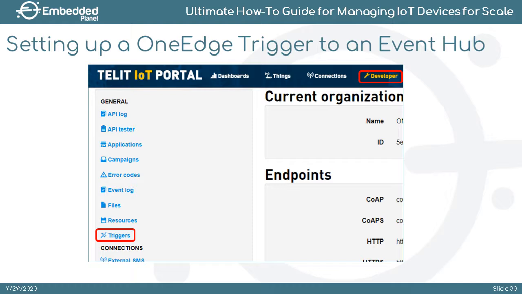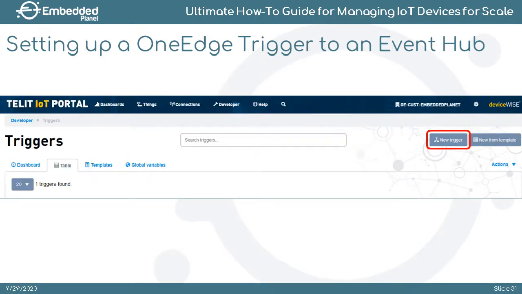And I want to walk you through the steps of how to create a trigger, and it's really easy. As you can see, there's a developer tab in the Telit IoT portal, and you just click on the triggers button on the side here. And once you get to the triggers section, there is a new triggers button up in the top right, and you can use pre-built templates.